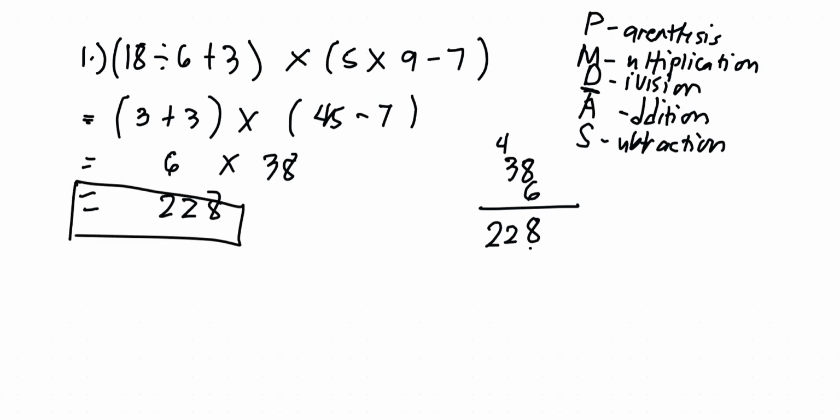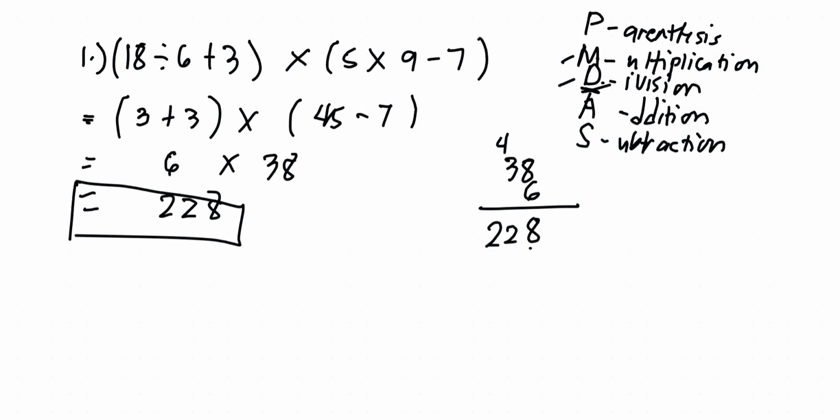So remember, always follow multiplication and division first before addition and subtraction. If ever the multiplication and division are included in the series of operations at the same time, you have to solve the operation whichever comes first from the left.